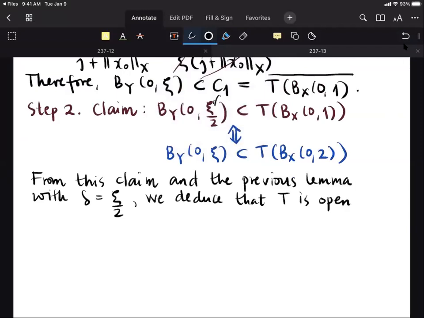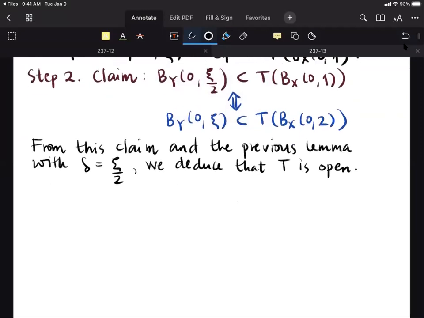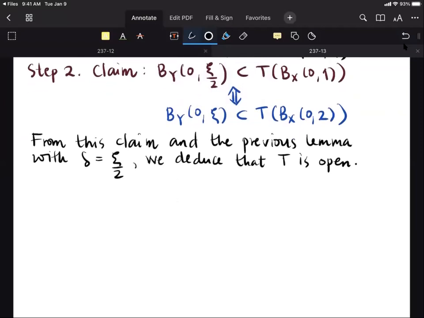So this is your delta, okay? And if you can recall our previous lemma, this will imply that T is open. Okay, so it's enough to show this inclusion, or equivalently by multiplying to both sides this one.